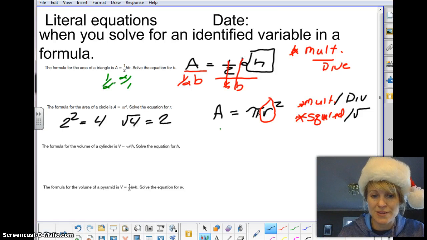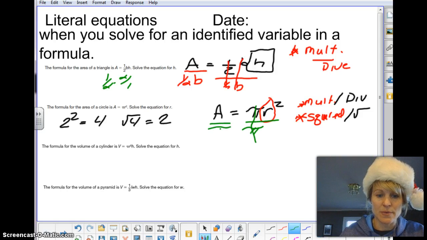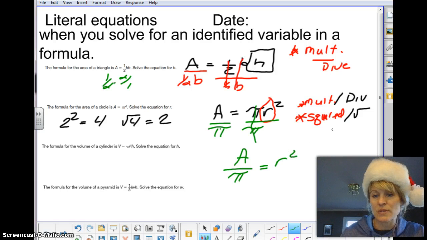So first let's start with this divide. I'm going to divide by pi because it's times pi. So that crosses it off, but I must also divide by pi here. So now I'm left with A over pi equals r squared. And then remember, we said the opposite of squared is the square root.